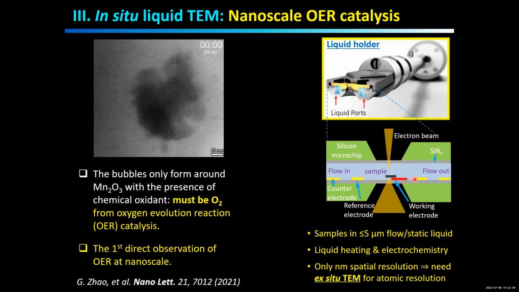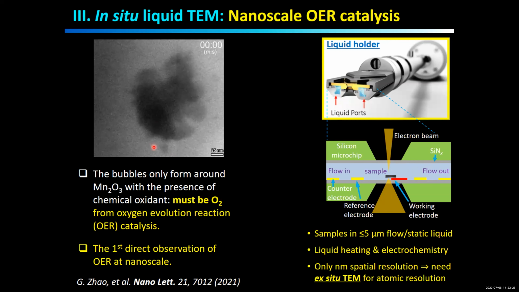And this membrane is also coated with electrodes, which can perform liquid heating and electrochemistry. But due to the presence of the liquid, atomic resolution imaging will not be achieved. So we can only perform the in situ observation with nanometer spatial resolution, which is still the highest resolution among all the in situ techniques.